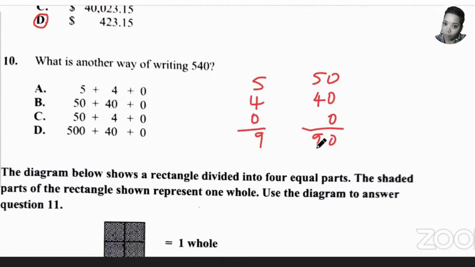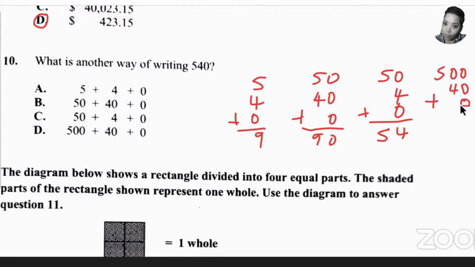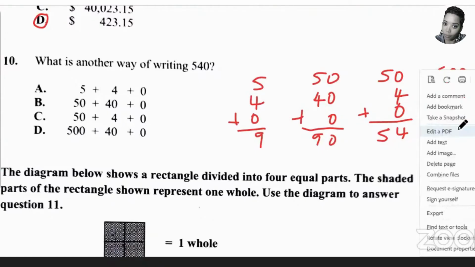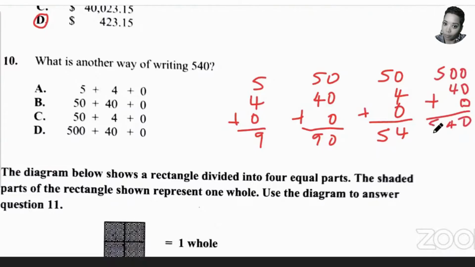Also not correct. 50 plus 4 plus 0, let me put the addition sign so you can see, that gives us a total of 54. That's also not correct. And then the final, 500 plus 40 plus 0, we add all those together, it gives us 540. So the answer is D.